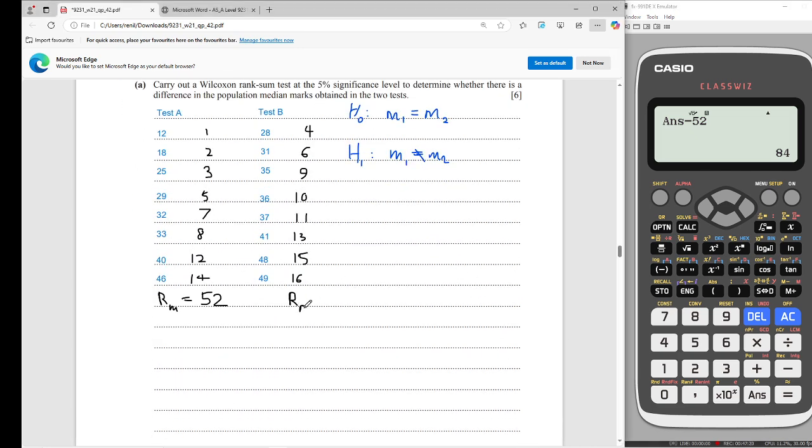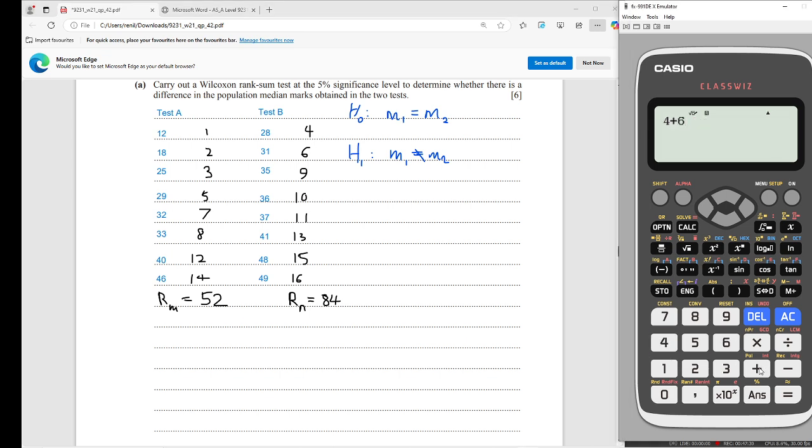You would have learned summation of series in Pure 3, so this is quite an applicable formula. We can still test it though if you want. So it's going to be 4 plus 6 plus 9 plus 10 plus 11. Yeah, it's 84.